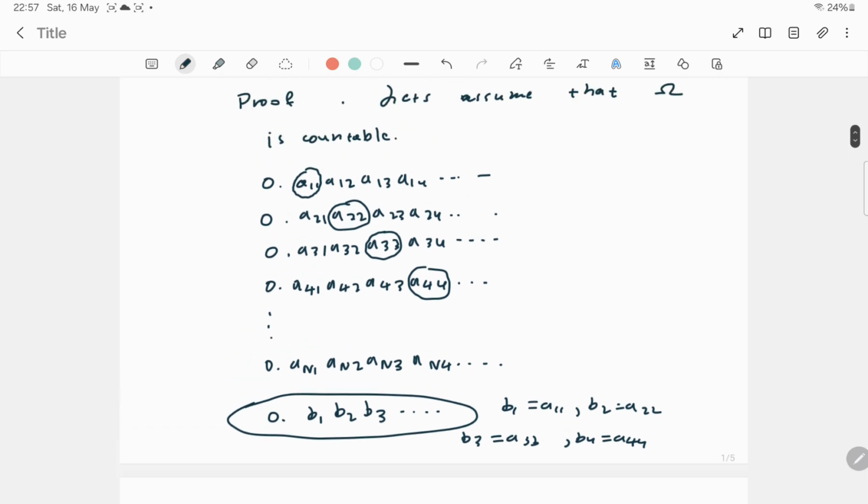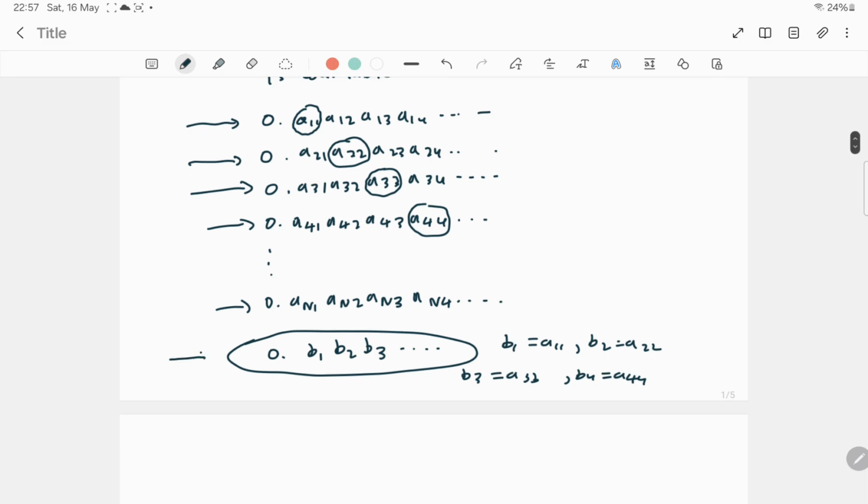So we start by assuming that we can count all the numbers between 0 and 1. We have this representation, but this number is not included in the list that we wrote down.